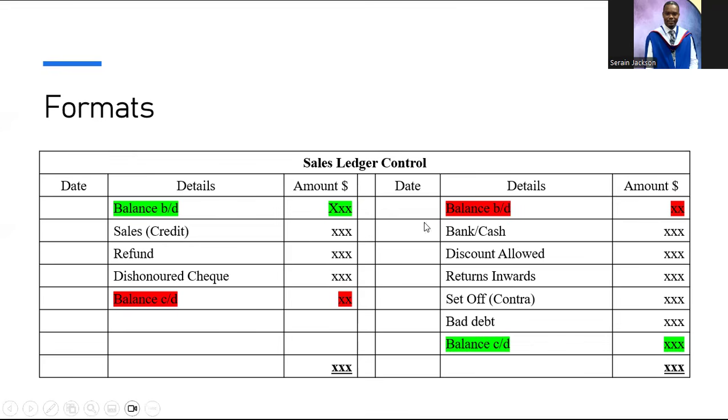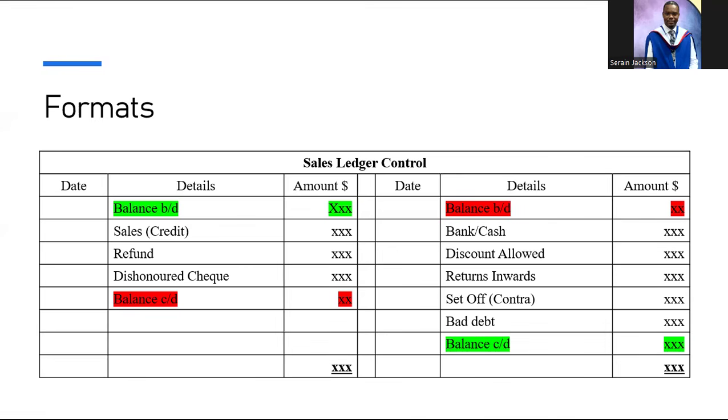Now, if you look, you would realize that I have two opening balances in my sales ledger control. One highlighted in green, one highlighted in red. The one highlighted in green is the norm, because the sales ledger control account normally carries a debit balance. Debtors carry a debit balance because debtors is a current asset, and asset accounts carry debit balances.